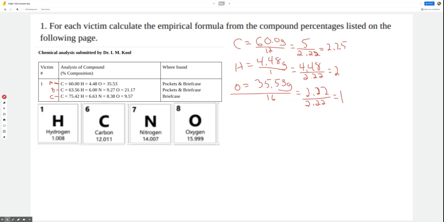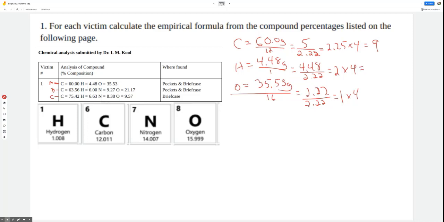Now I can't use the 2.25 in the formula. So as you saw in the video, when you come across a 0.25, the best bet is to multiply everything times 4, because that converts the 0.25 into a whole number. In this case, 2.25 times 4 is 9.